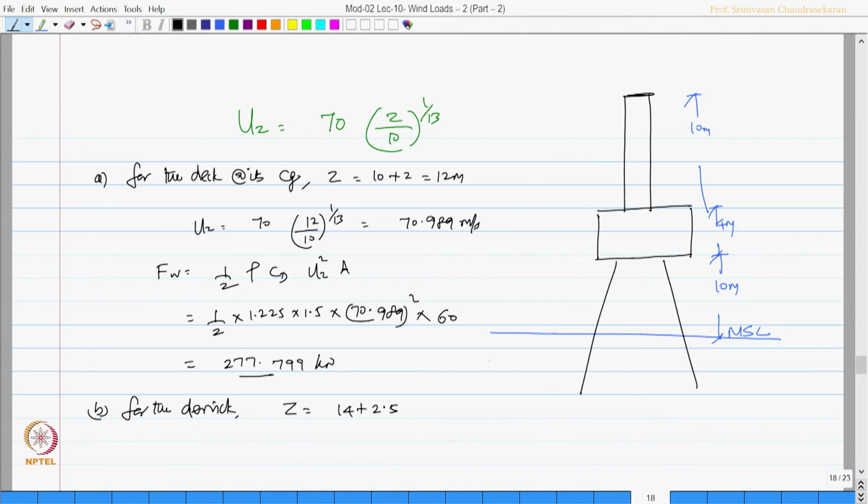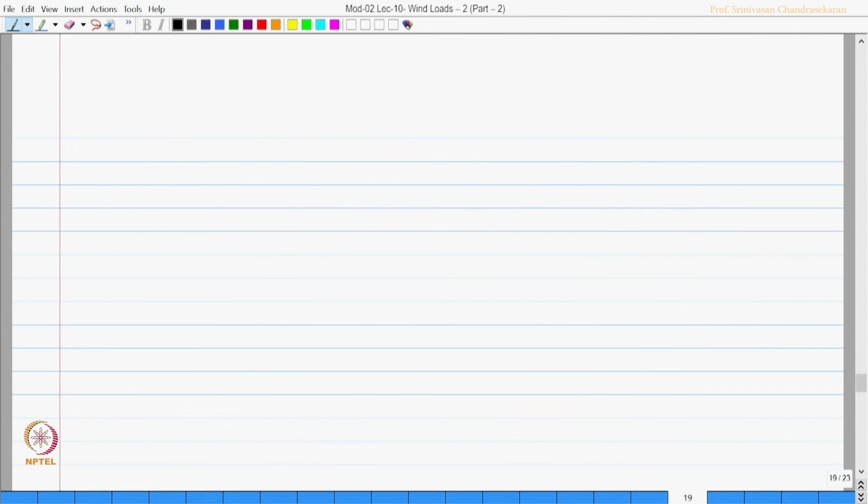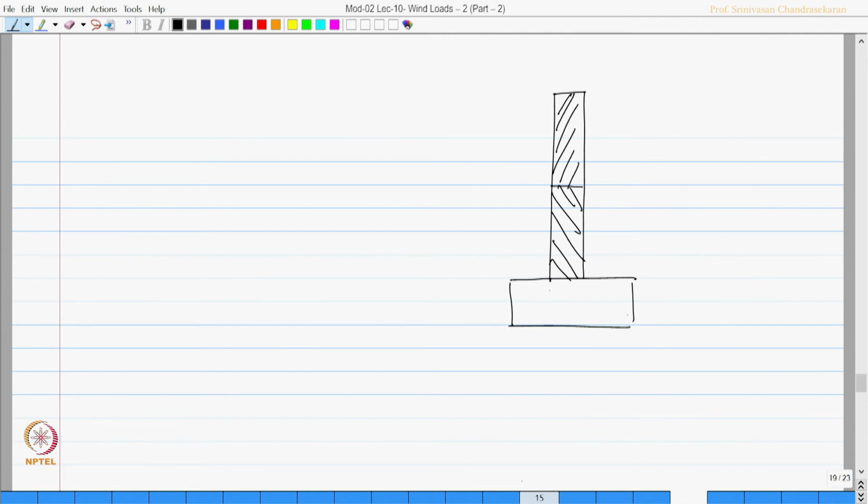So I take the derrick as 2 objects, this is one, this is the other, and this is my deck, which is 4 meters, and I divide this as 5 meter and 5 meter.